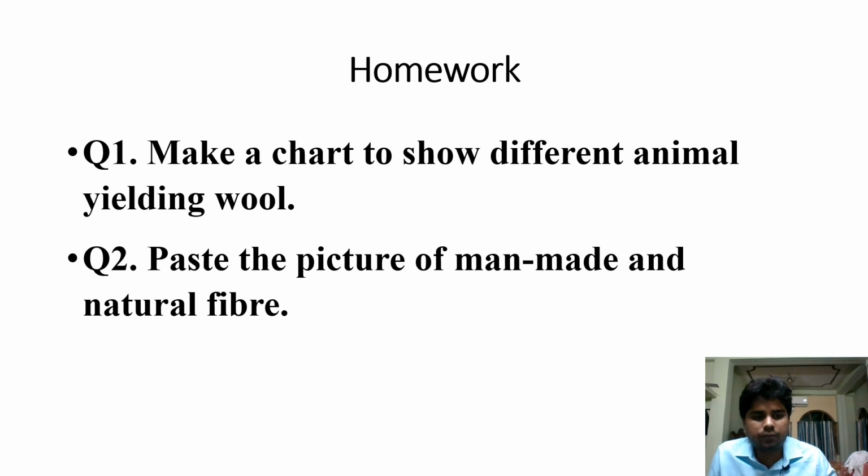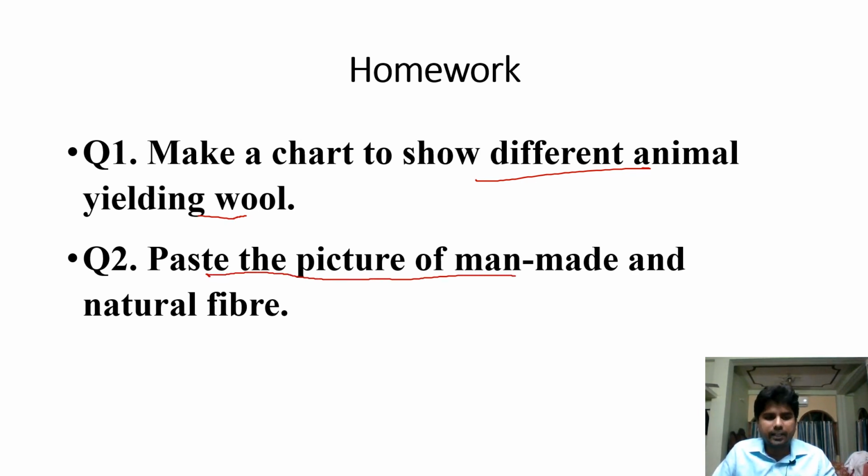Now there are a few questions, student, you can do at home. This is a very easy one. You have to make a chart to show different animals yielding wool, and you have to paste pictures of man-made and natural fiber.